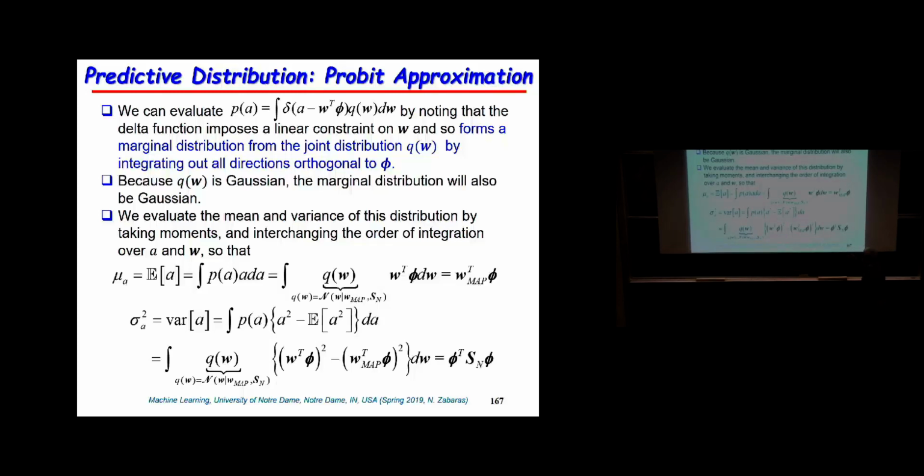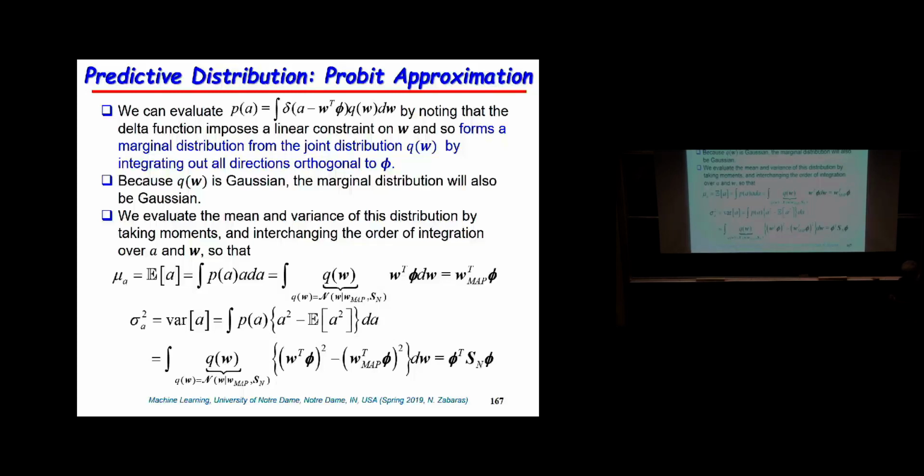Correct? And then what do I have here? I have basically Q of W times W dW, that gives me the mean of Q of W, which is the MAP estimate, times phi. So effectively, you can do this for the mean, you can do this for the variance analytically, and you're done.